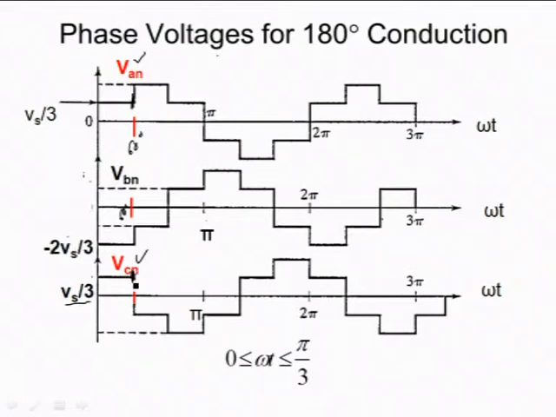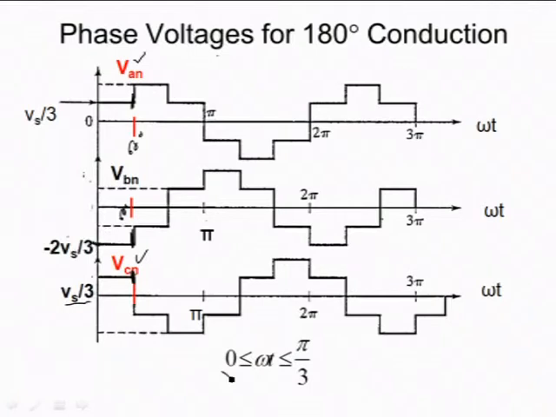The magnitude of VCN and VAN is Vs by 3. What is VBN? VBN is negative for this duration. What is this value? Minus Vs by 3. So this is how we got the phase voltages up to 60 degree.